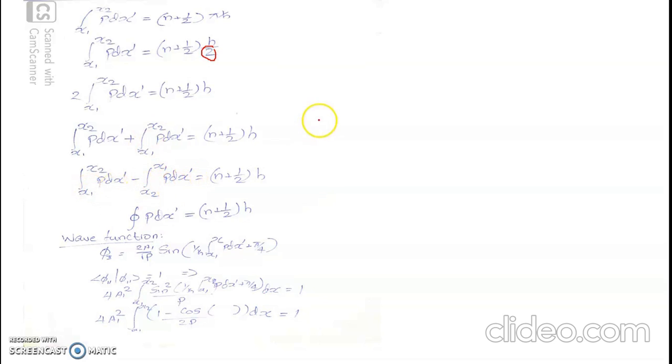What does this mean? Integral x1 to x2 p dx prime, you are evaluating the integration from, say, x1 to x2. So x1 to x2 is the positive movement direction. Minus integral x2 to x1 p dx prime means you will be returning back like this. dx in this case is negative, so the minus and this negative dx will be absorbed to make it positive upon your evaluation.